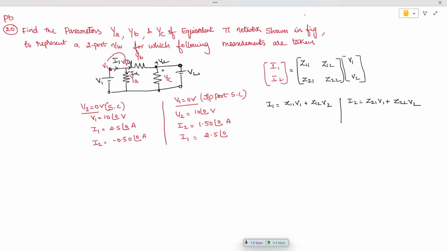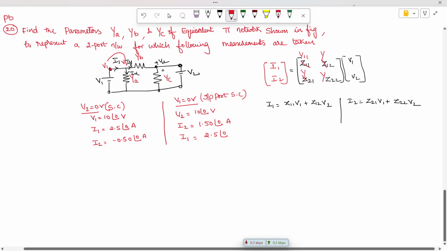Sorry, this is not the Z. So this is Y11, Y12, Y21 as well as Y22.